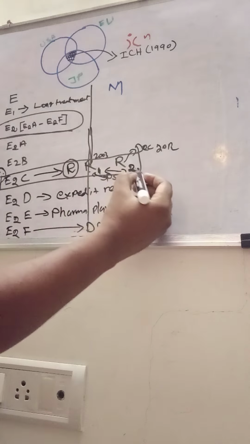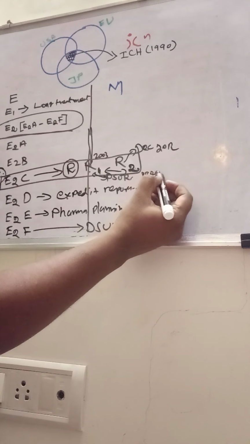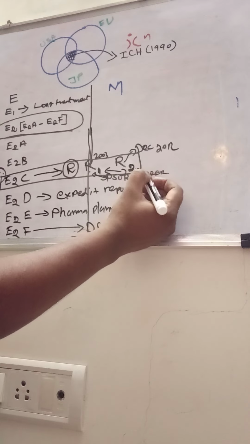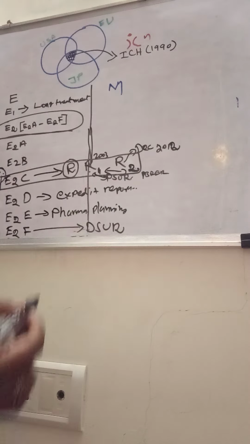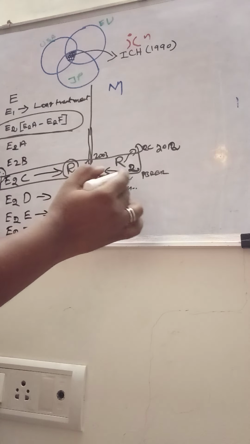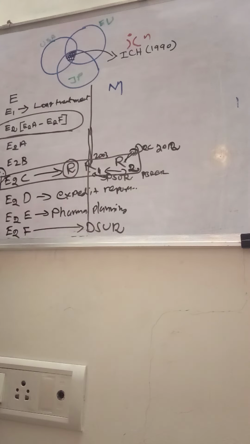That's the reason the format changed into PBRER. So the PBRER concept came into the picture, and from December 2012 onwards the format changed and it became R2 guideline implementation. That's how E2C came into the picture, and we are working on those.